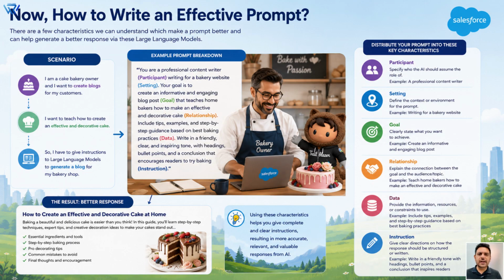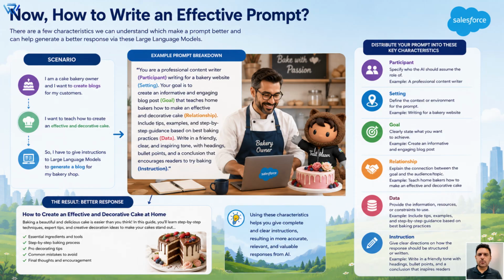There are a few characteristics we can understand which make a prompt better and can help generate better responses via these large language models. For example, I am a cake bakery owner and I want to create blogs for customers. I want to teach how to create an effective and decorative cake.